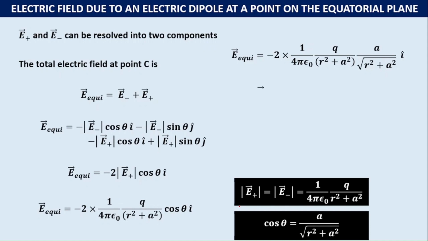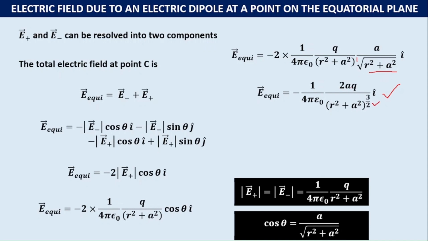i cap. Now, as we simplify, we get E equatorial vector equals minus 1 by 4 pi epsilon naught 2aq divided by r square plus a square to the power 3 by 2 i cap. Here you have a power of half, here you have a power of 1, so 1 plus half becomes 3 by 2.